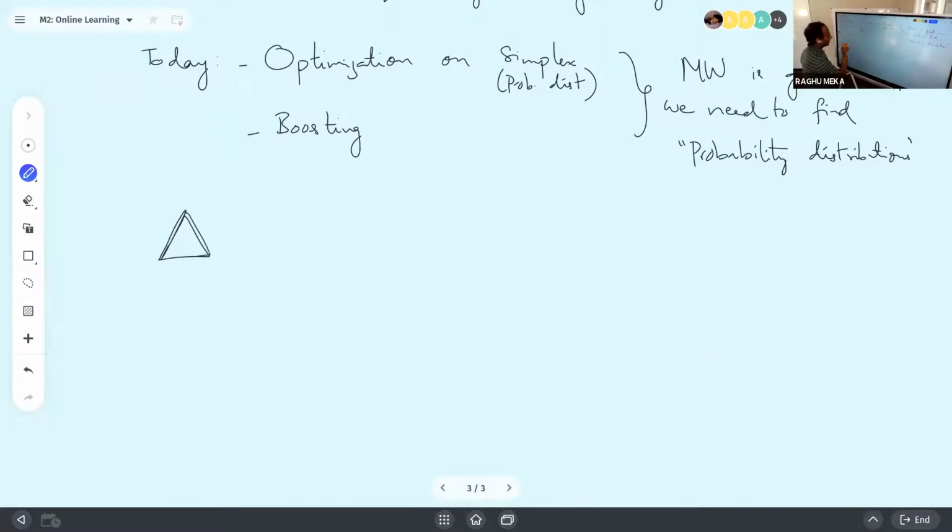Does that make sense? Okay, it's a very sort of vague, intuitive thing, but it just sort of happens all the time. So let's talk about the simplex. It's just a fancy term for probability distributions. This is a subset, usually denoted delta D, like triangle D. It is the set of all probability distributions on D elements.